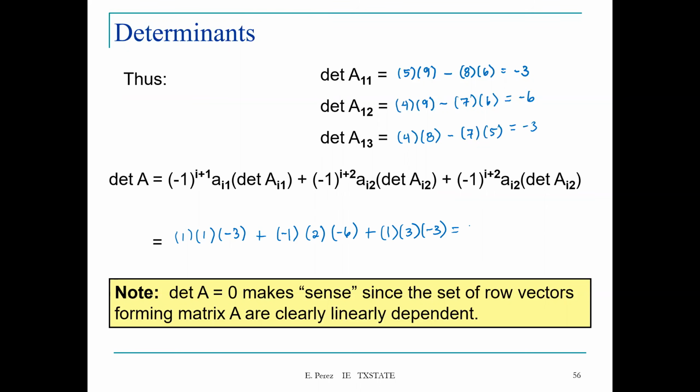And this is going to be equal to 0. This makes sense since the set of row vectors forming matrix A are clearly linearly dependent. When that's the case, we should get a determinant that is equal to 0.